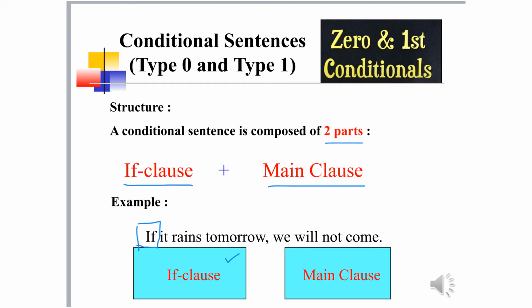So, if it rains tomorrow, usually if the if clause is put at the beginning of the sentence, we need to put a comma after the if clause. So for example, if it rains tomorrow, comma, we will not come. This sentence, we will not come, is the main clause here. So we have the if clause and the main clause. Just a quick revision to remind you there are two parts in a conditional.